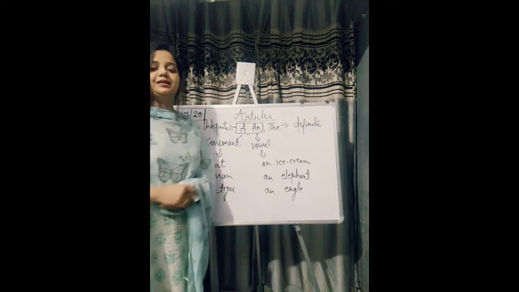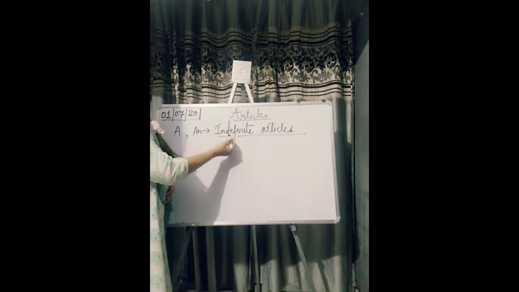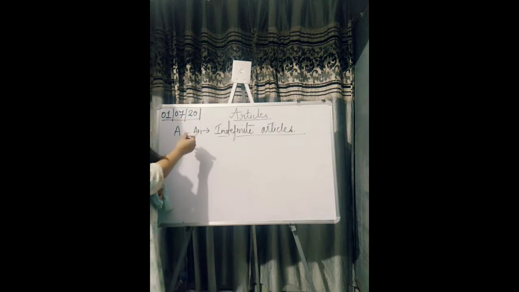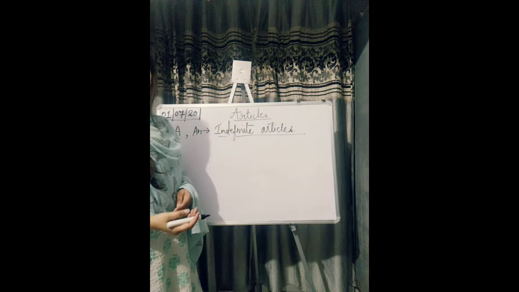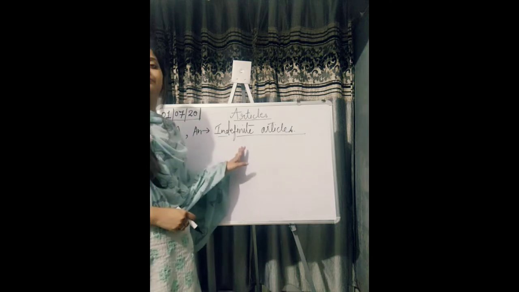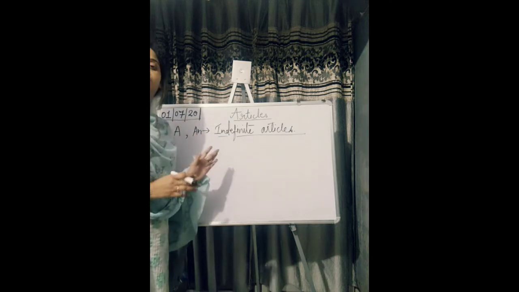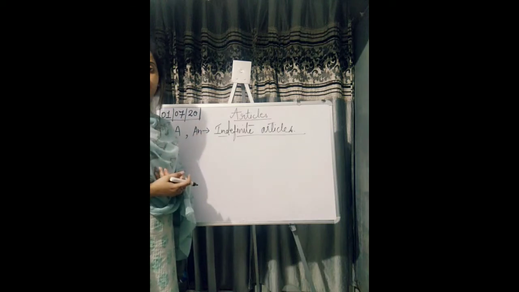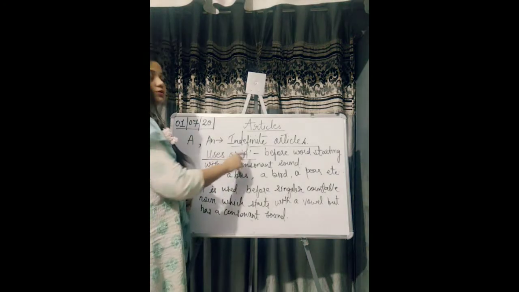We'll see here. Article a and an are called indefinite articles because when we talk about something in general, that's called indefinite. It means we use a and an before nouns which are not mentioned earlier. Now let's understand the uses of a.